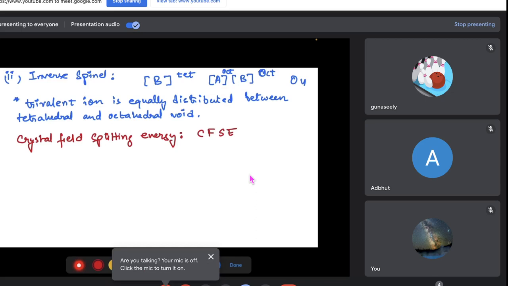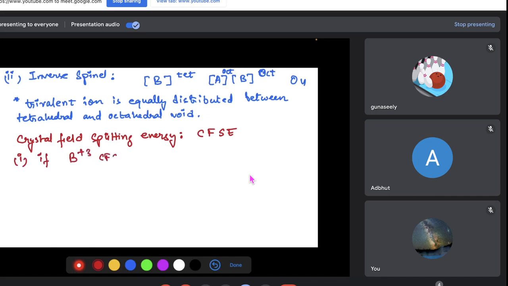So we calculate the CFSE of both the metal ions, that is divalent and trivalent, and then compare these two such that if my B plus 3 CFSE in octahedral field is greater than the CFSE of A plus 2, it will be a normal spinel.